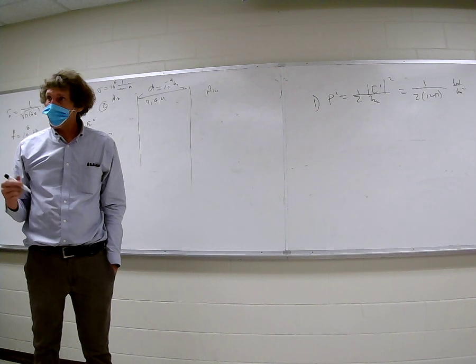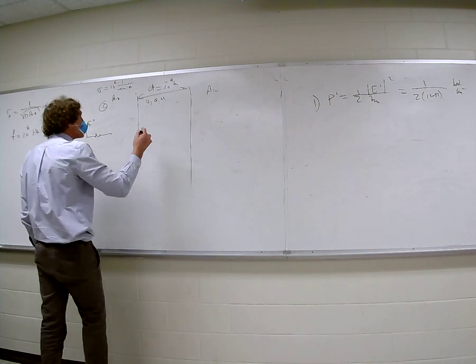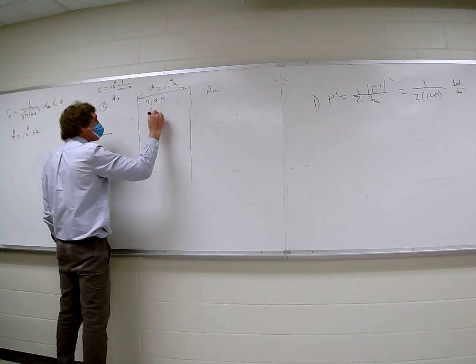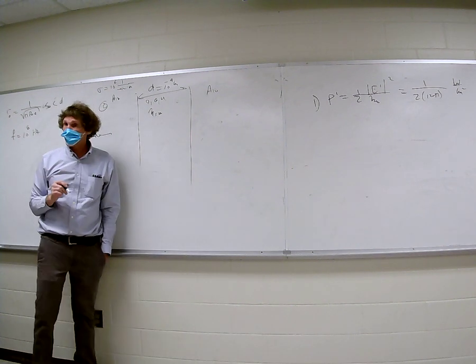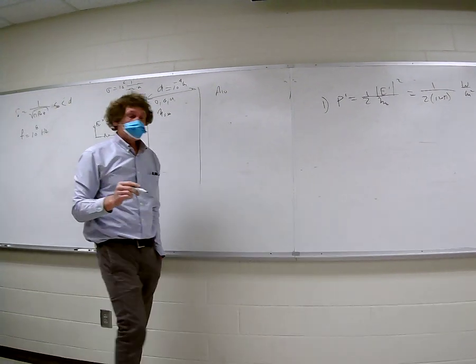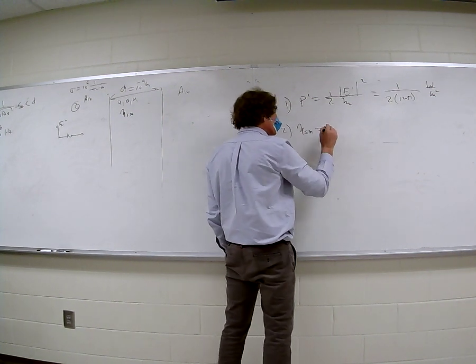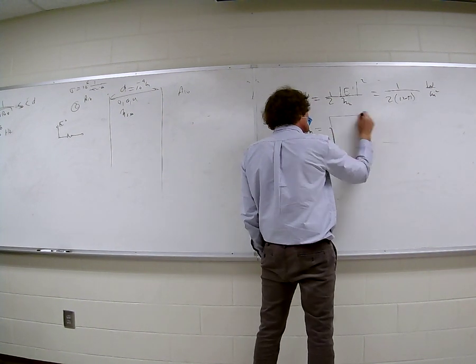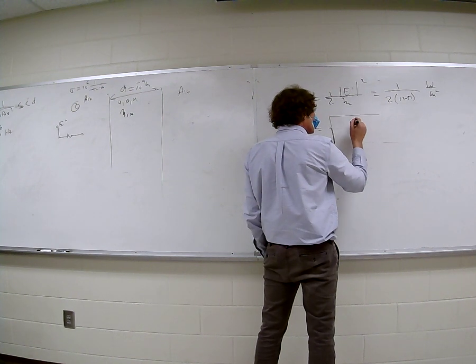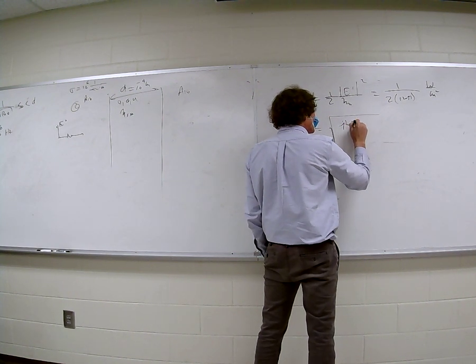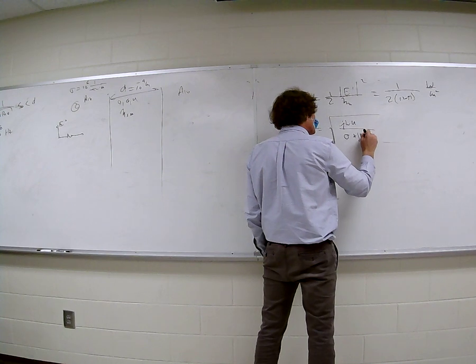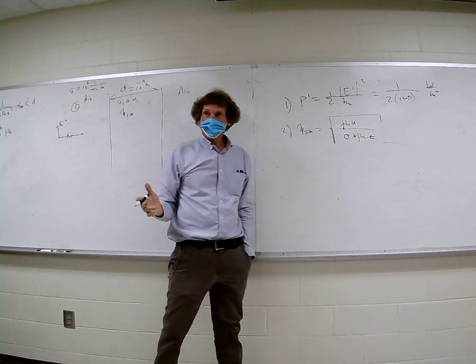Now, the next part, I have to get eta shield here, right? I need that. So what is eta shield? Well, eta shield is equal to the square root of j omega mu over sigma plus j omega epsilon. Do you agree with me?